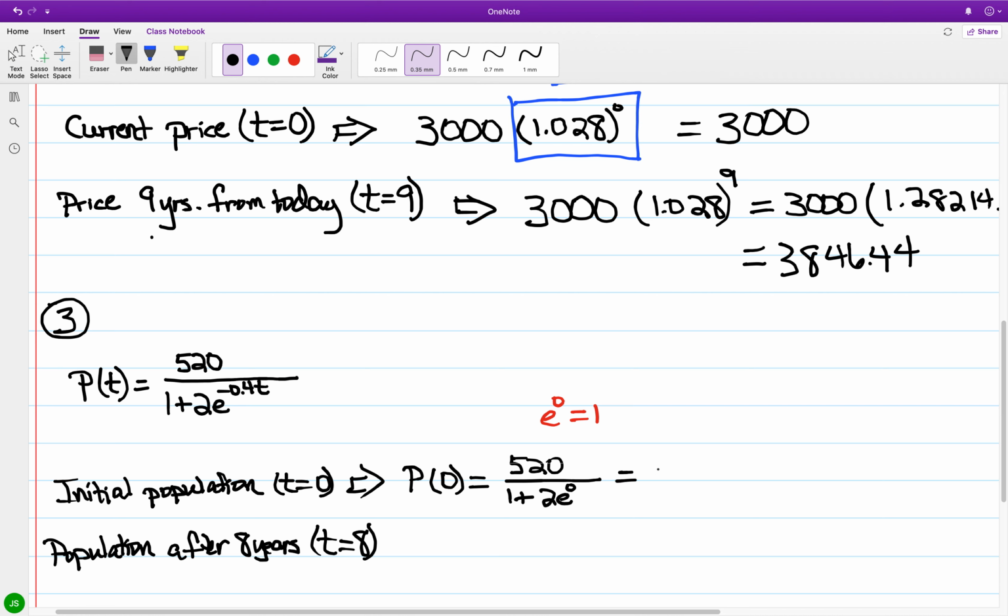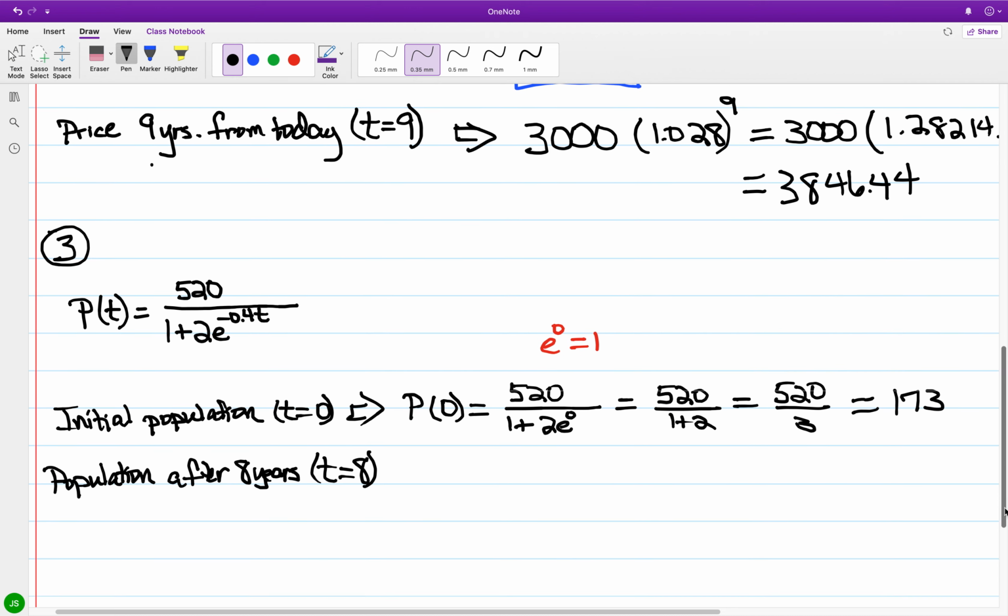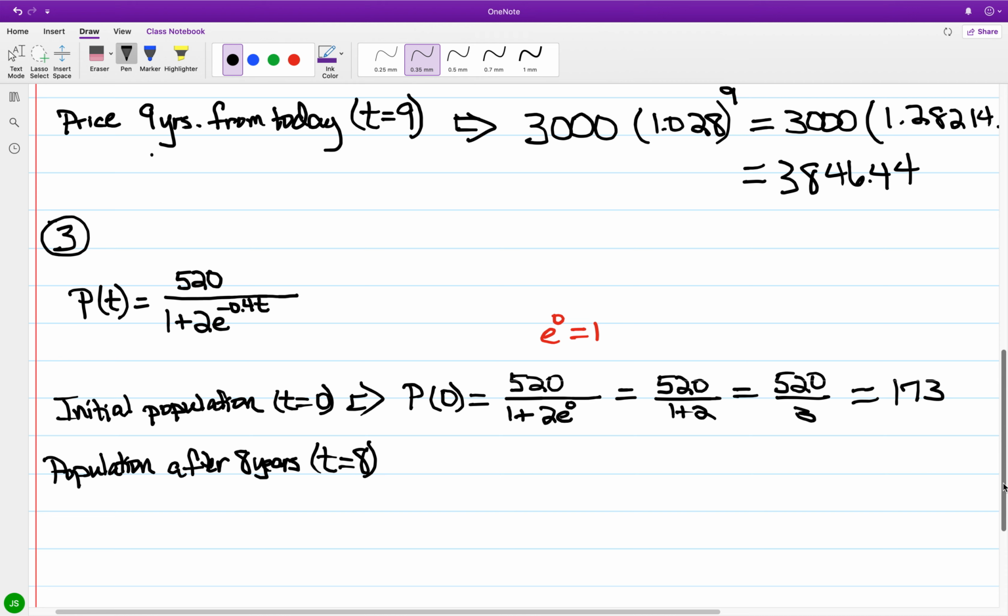And so you have 520 over 1 plus 2, so 520 over 3. Taking that to the nearest whole number, this will come out to a tad over 173, but it would round down to 173 if we are rounding to the nearest whole number.